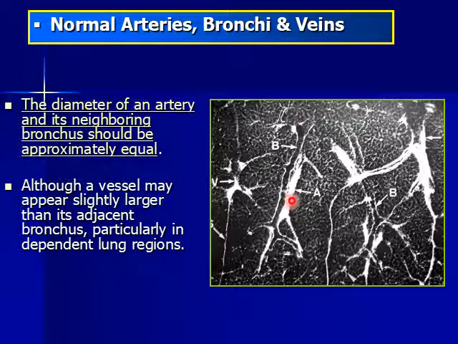Sometimes the artery may be slightly larger than the nearby bronchus due to gravity or plethora or something like this. But if you see in high resolution CT that the diameter of the bronchus is larger than the nearby artery, it means that this bronchus is abnormally dilated. It equals bronchiectasis.